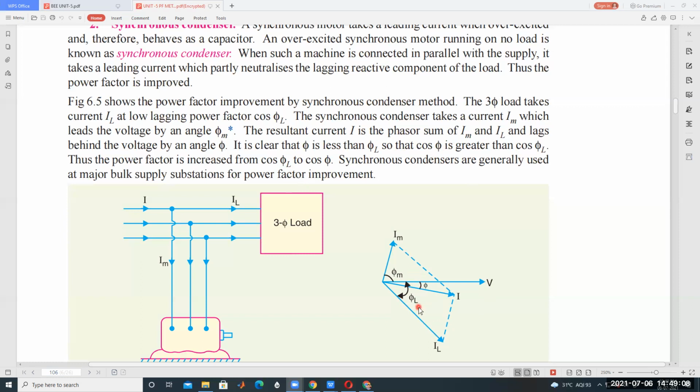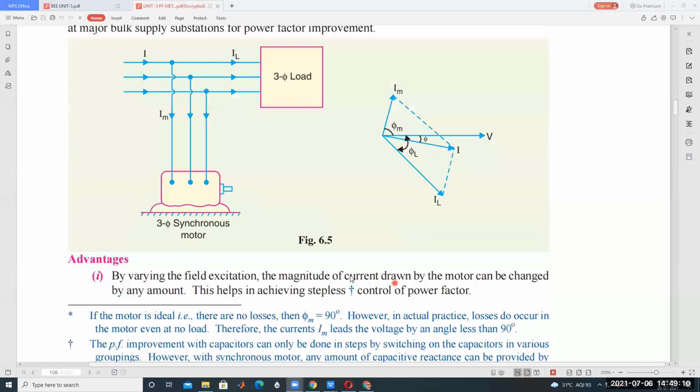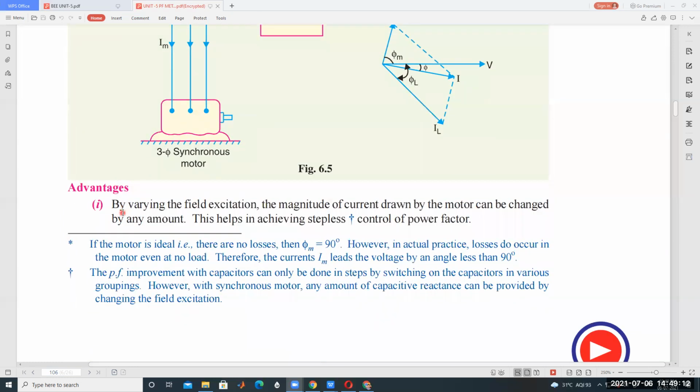This is about synchronous condensers, which have some advantages. By varying the field excitation, the magnitude of current drawn by the motor can be changed by any amount. The field excitation is DC excitation, and we control the field current by changing the rheostat.